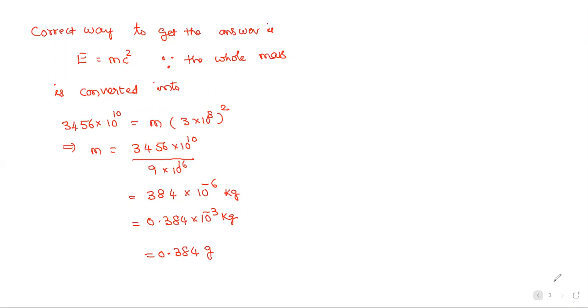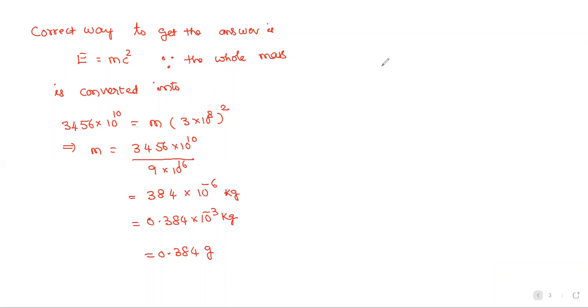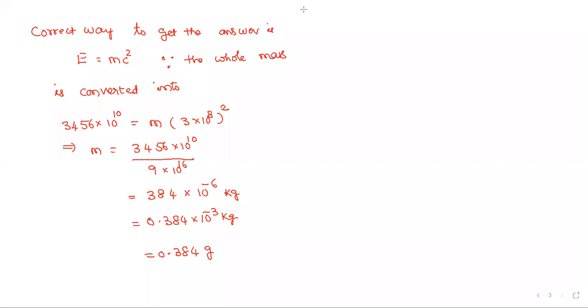This is the answer, whereas 423 is not the answer. This type of confusion you can see in Mains type or Advanced type exams. Take care. I think you understood the two differences here in the fission processes. Good.